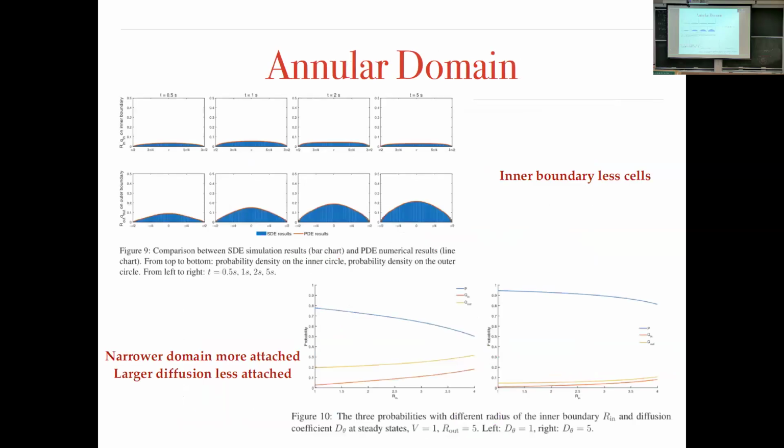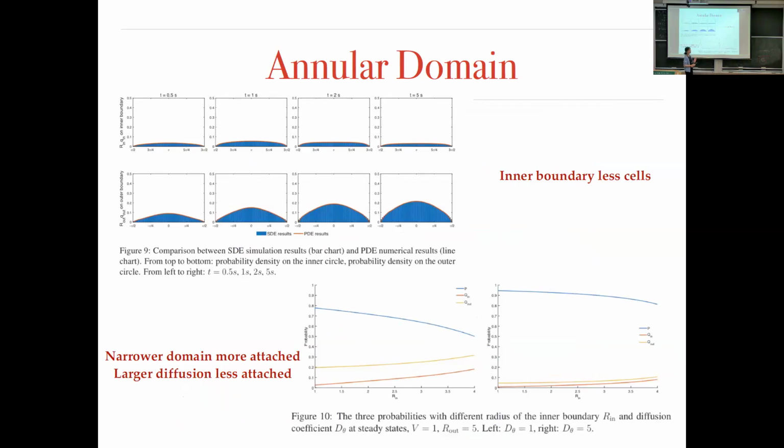You can put the cells in the middle of the annulus. You can measure how many of the cells would attach to the boundary here, and how many of them would attach to the boundary here, and then you can compare the numbers and measure how they change with, for example, the diffusion coefficient.